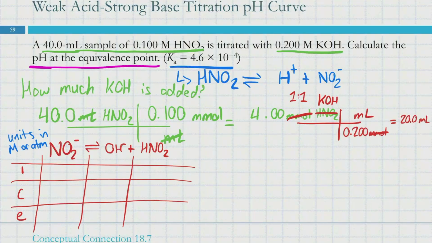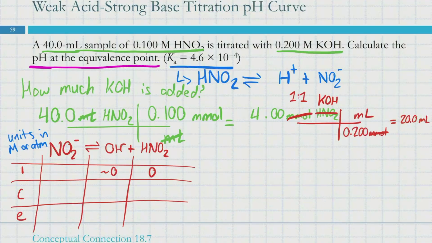Our initial concentration of hydroxide is going to be approximately 0. It'll just be the water dissociation amount, which is really small. We can ignore it. We're going to have 0 of the HNO2. To figure out how much NO2 minus we have, that's why we were figuring out the 20 milliliters.